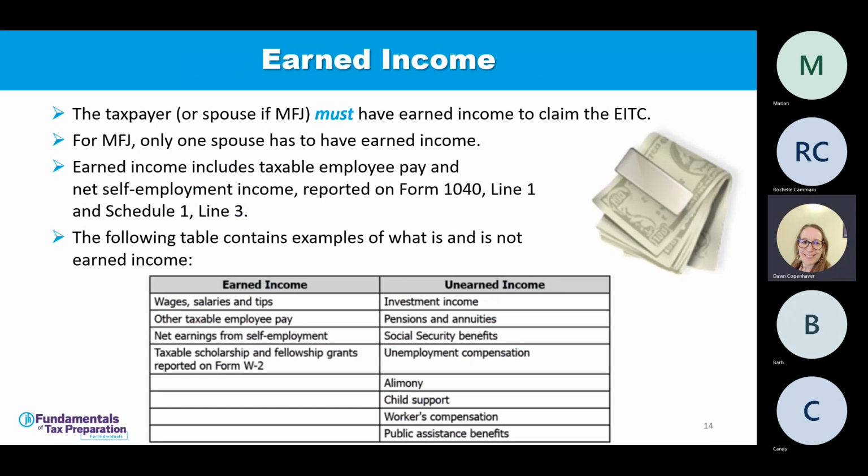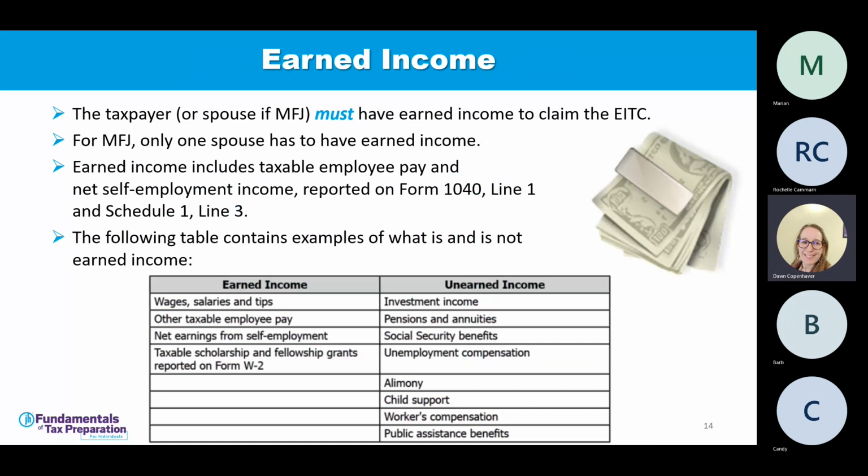Earned income is any taxable employee pay and the net of self-employment income, reported on line 1 of 1040 and then Schedule 1, line 3. Types of taxable or earned income would be wages, salaries, tips, other taxable employee pay. One thing you probably never thought of, taxable scholarships and fellowship grants that are reported on Form W-2.